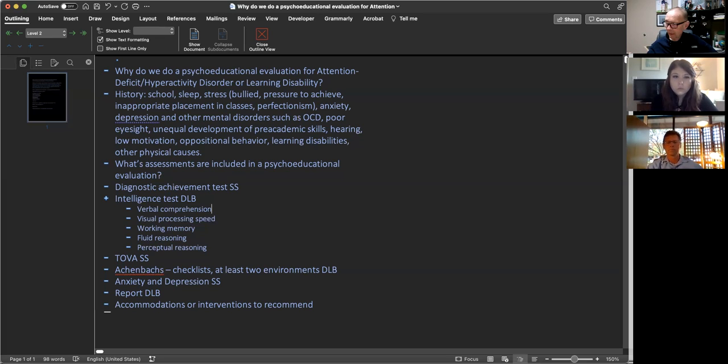There's a checklist with at least 130 items on it. It's also looking at things like anxiety, depression, social interaction, a lot of different variables, including attention, concentration, achievement in a class, that kind of thing.